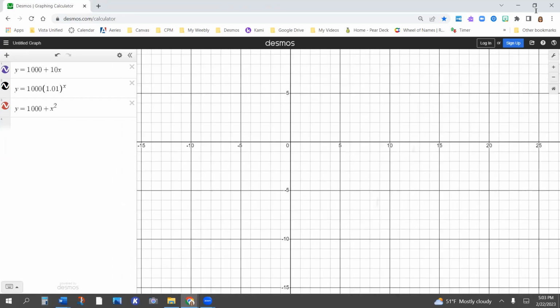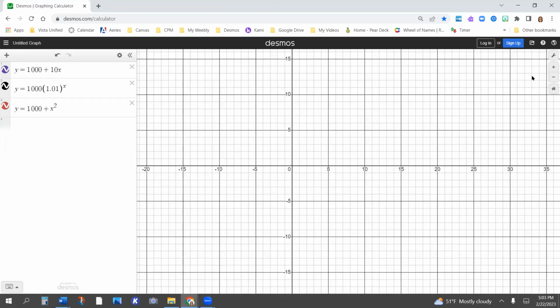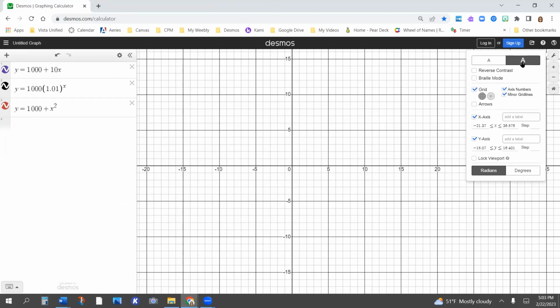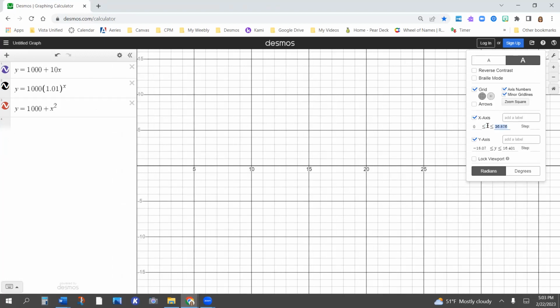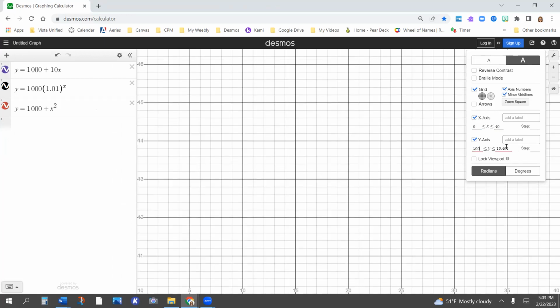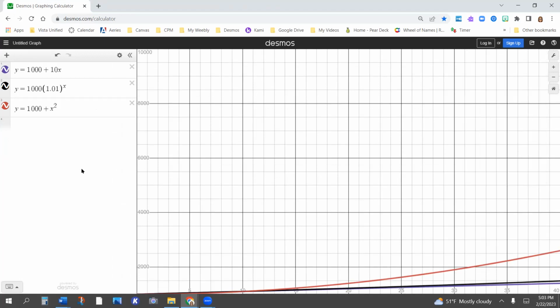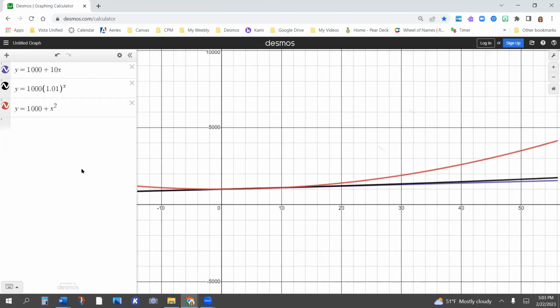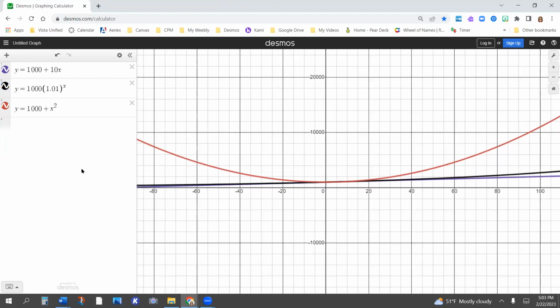I am going to change the scale of this. So I'm going to change my x's, let's say from year 0 to year 40. I need to start at 1,000, and let's say I go up to 10,000. Okay, so let's take a look at these.